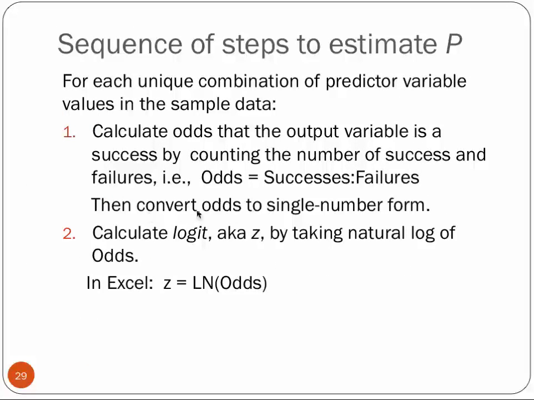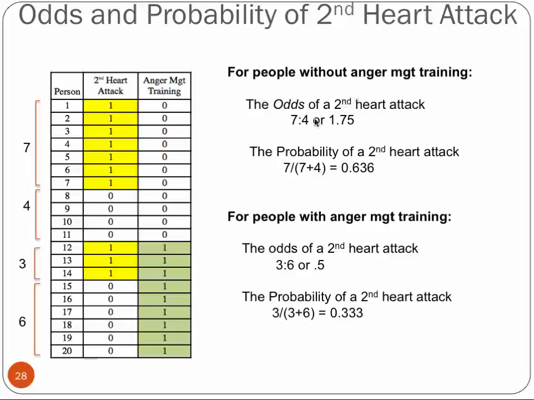And then we want to convert those odds to single number form, which we did back here. We found out our odds in a ratio, and then we calculated the single number form. So if you are in this situation without the training, there's a 1.75 to 1 likelihood of having a heart attack. So for every person that doesn't have a heart attack, 1.75 people will have a heart attack.